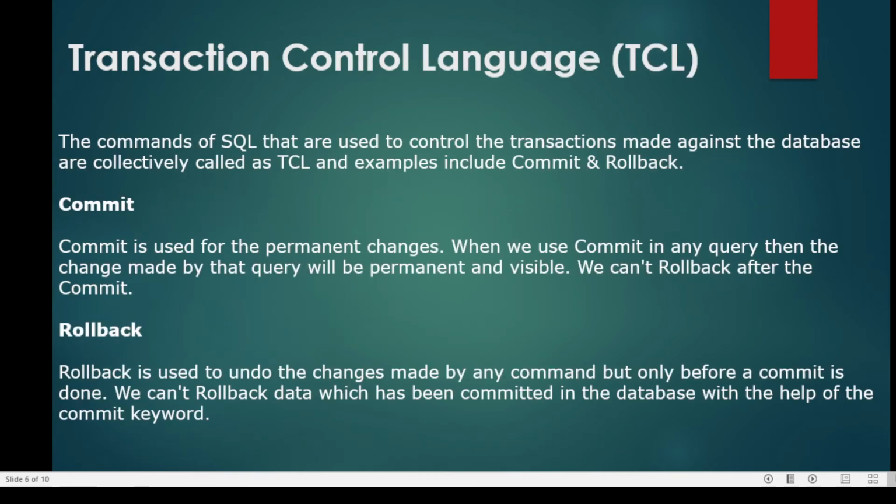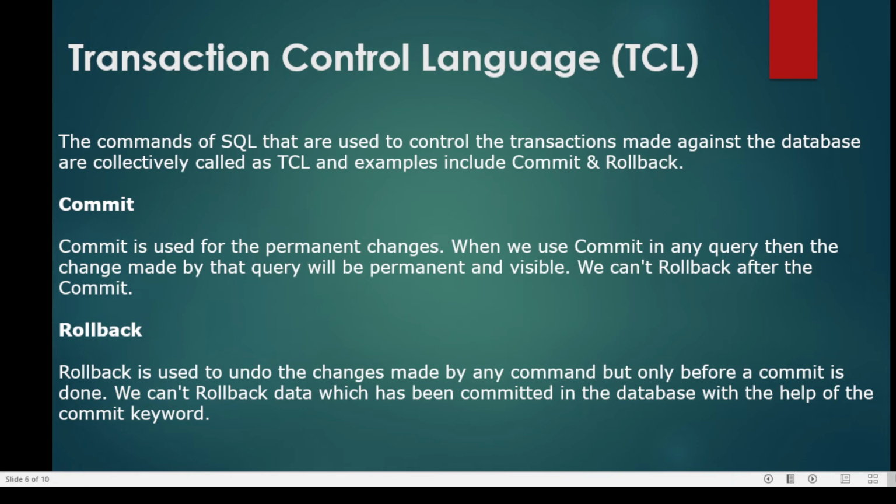Now coming to the last one, the transaction control language, which is used for saving the data. We have commit and rollback. If you save the data, meaning whatever update you perform is saved into the database, that is called commit.